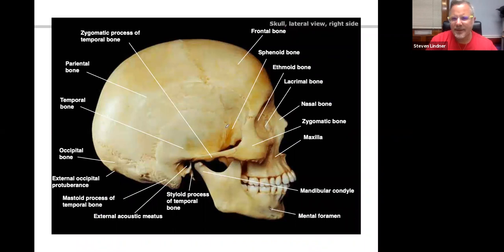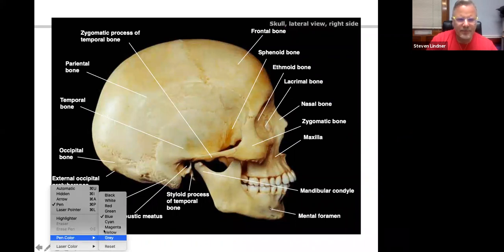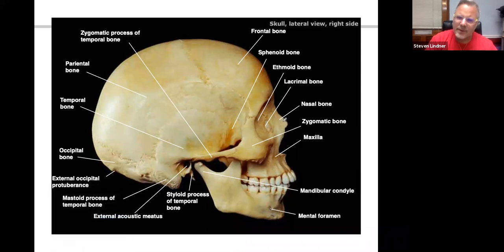We could see it from here. Let me get the pen going one more time. We'll make it blue. So here's the nasal bone. Here's the lacrimal bone, lacrimal like your tear ducts. Here's the ethmoid. And going to the back of the eye is going to be the sphenoid.